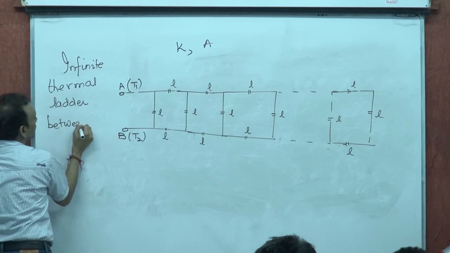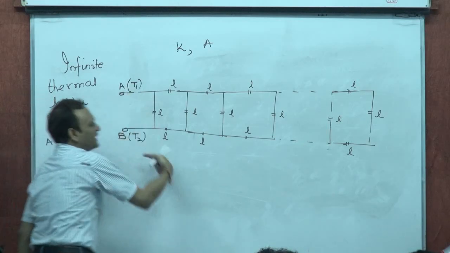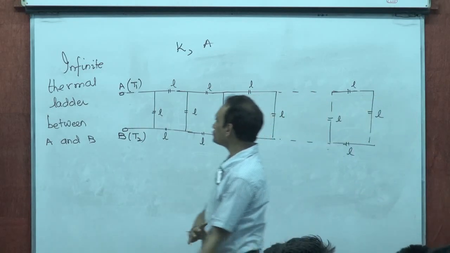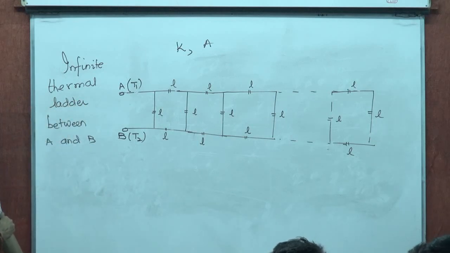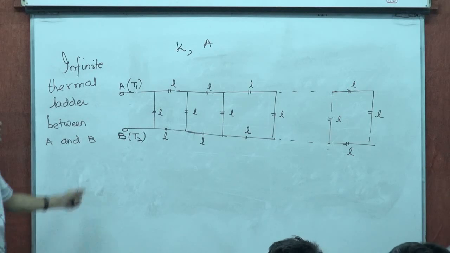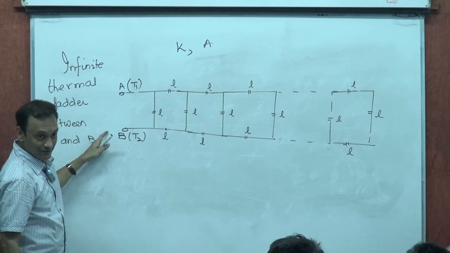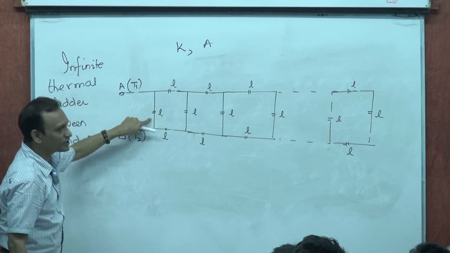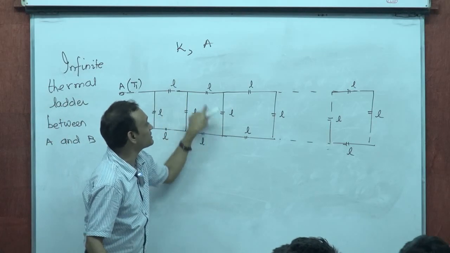I want to find the heat current that enters A and the heat current that leaves B. Naturally, say there is Q dot that enters A, it gets distributed here like normal current does, goes there, comes here, combines, and so on and so forth.